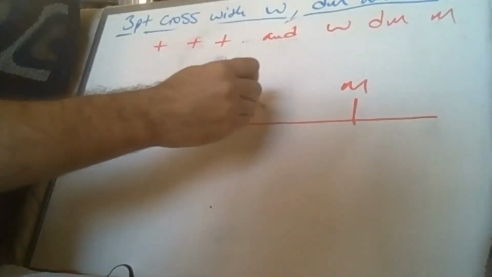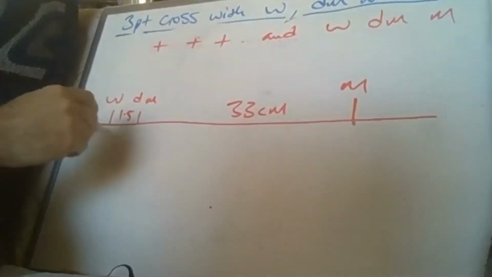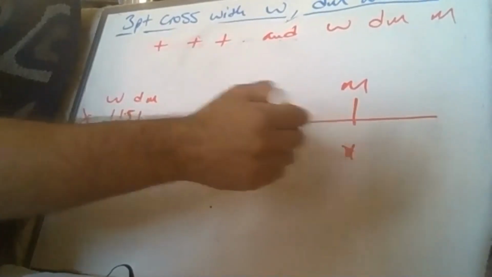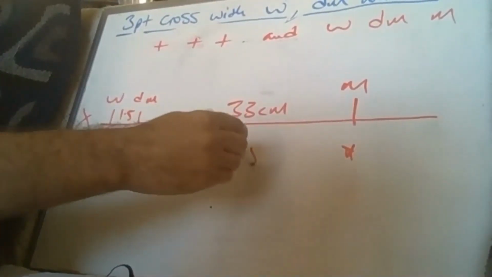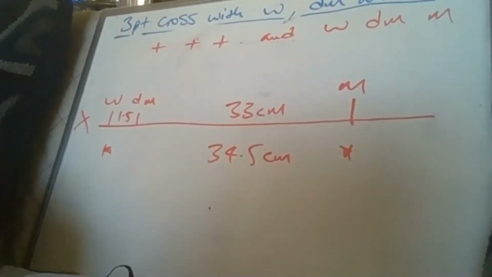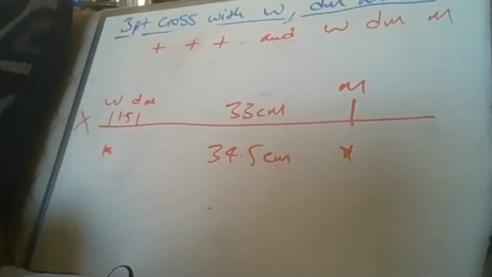This is going to be 33 centimorgans. And this is about 34.5 centimorgans. And that's actually what data from Flybase shows. But it also matches very closely the data that you get from those two two-point crosses.